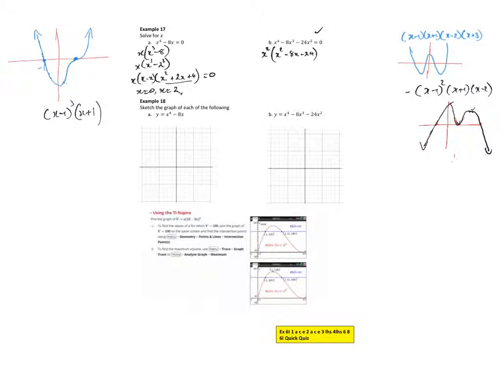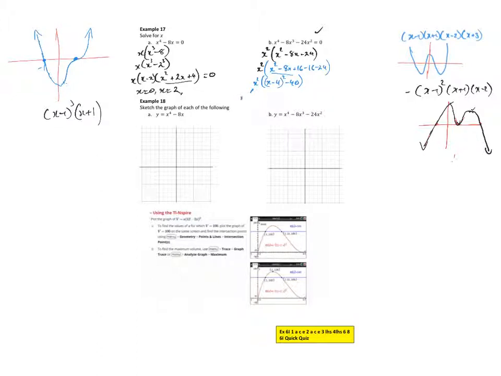I'm going to go for complete the square. So let's see, x squared, and then in blue complete the square. So I'm going to write x squared, halve it and square it. So it's plus 16 minus 24. So x squared outside of perfect square, x minus 4 all squared minus 40. Okay, so now my solutions.